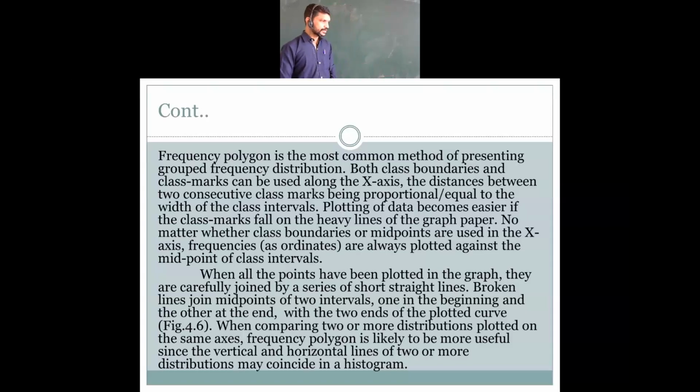Then further, plotting of data becomes easier if the class marks fall on the heavy lines of the graph paper. It is very easy to plot on graph paper, and it does not matter whether the boundaries or midpoints are used on the x-axis.